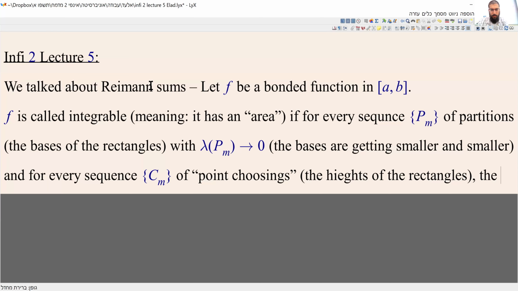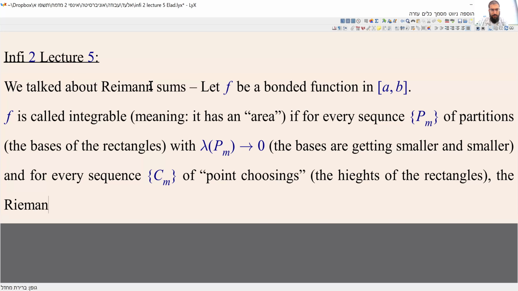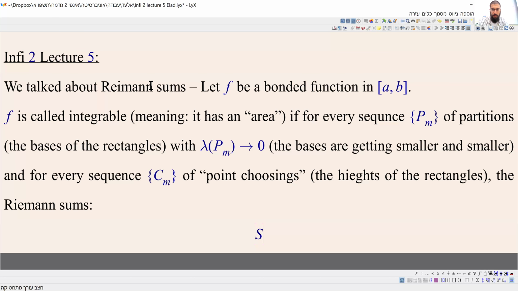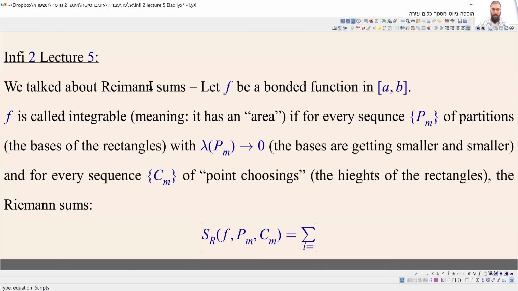The Riemann sums we denote by SR of f, PM, and CM, and are actually the sum from i equals 1 to n of f(ci) delta xi, where delta xi is xi minus xi-1.